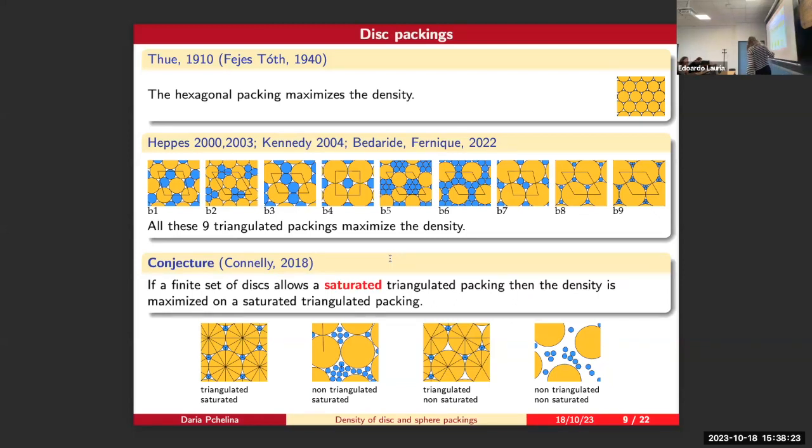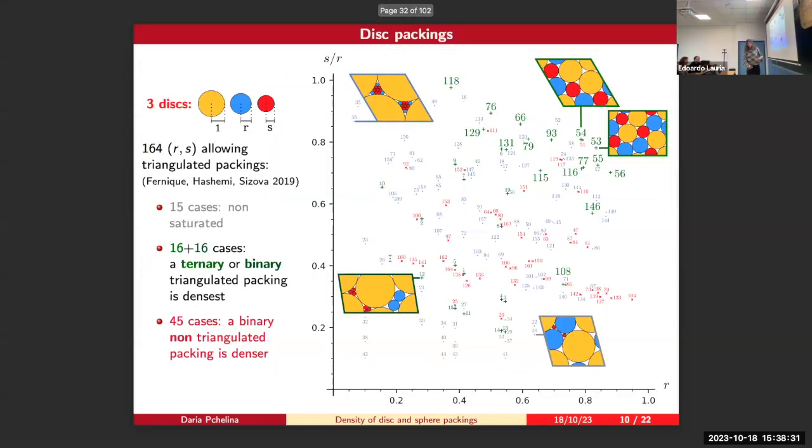The first step towards the study of this conjecture is to look at ternary packings. As I mentioned, we always say that the largest yellow disk is of unit radius, the medium blue one is of radius r, the smallest red one is of radius s, and there are 164 pairs r, s allowing a triangulated packing.